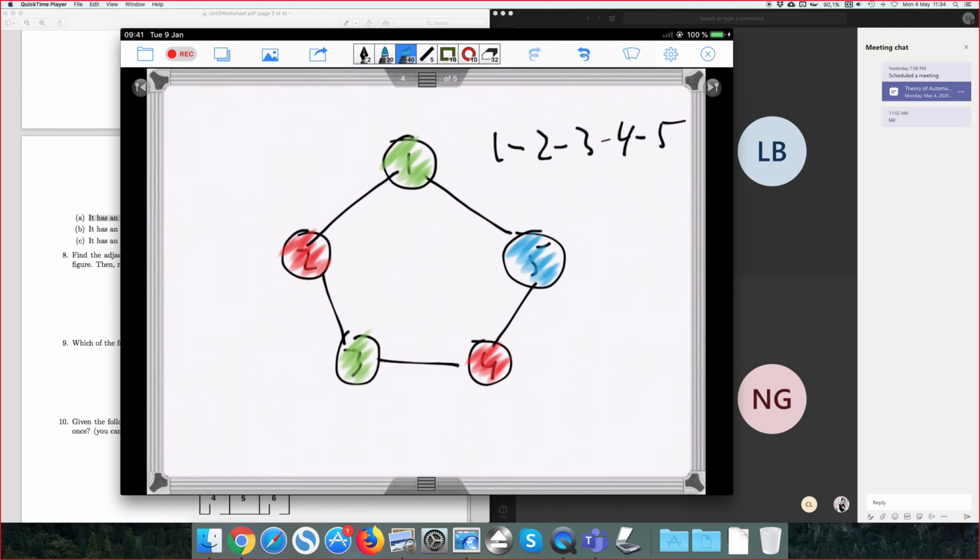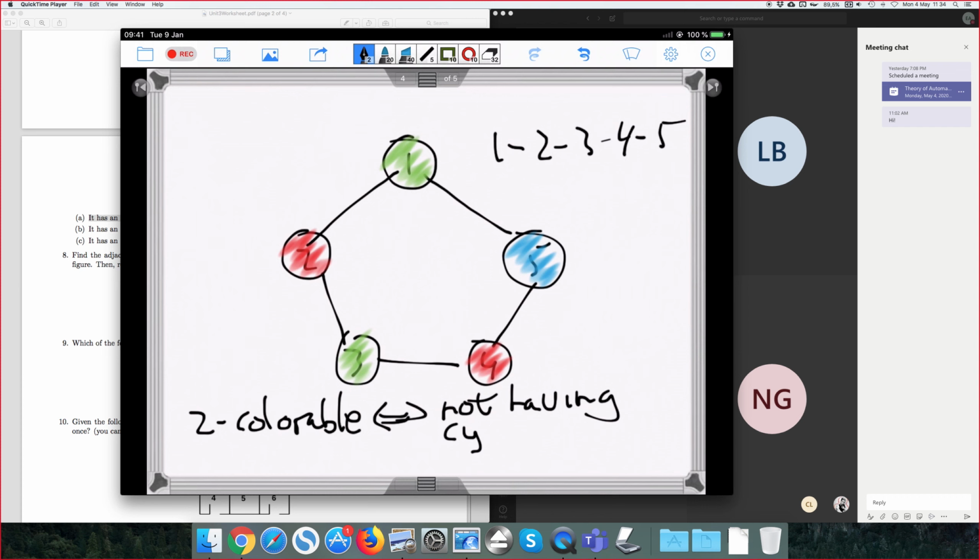Okay, and this is because this graph has a cycle of odd length. Remember that we know that being two colorable is equivalent to not having cycles of odd length.